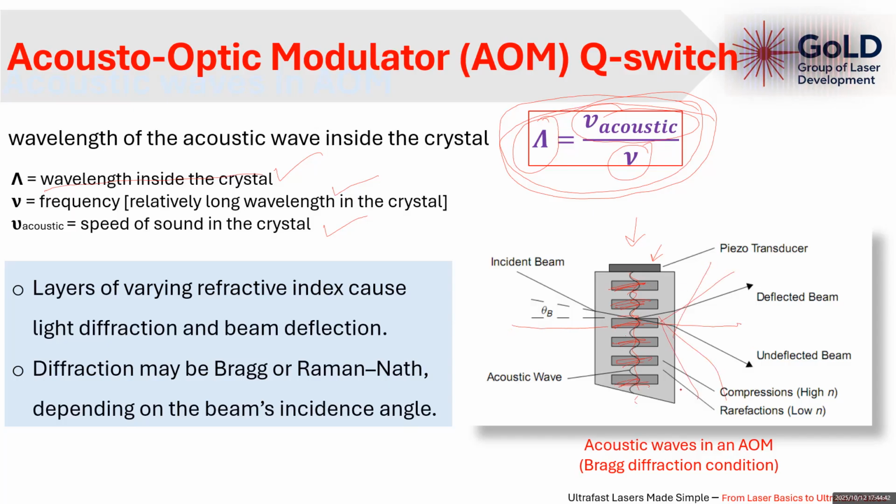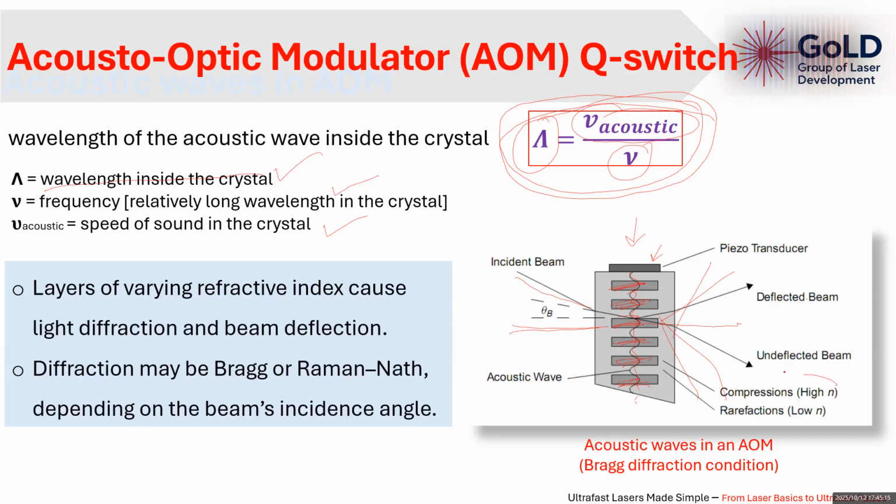Bragg reflection. So if it is on, the light will not pass through all the way, so the cavity will not be functional. When it is off, the light will pass through and the cavity will be functional. Also it depends on whether the light is coming in at an angle or straight.